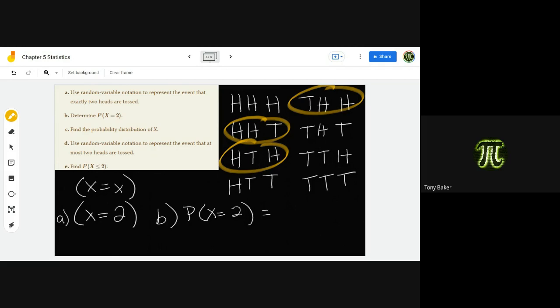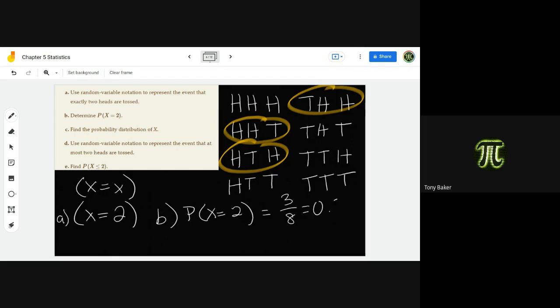So when you're looking at it, this one would be x equals 3, not x equals 2. Because in essence, we're counting how many heads there are. Okay. So we've got 3 out of 8.